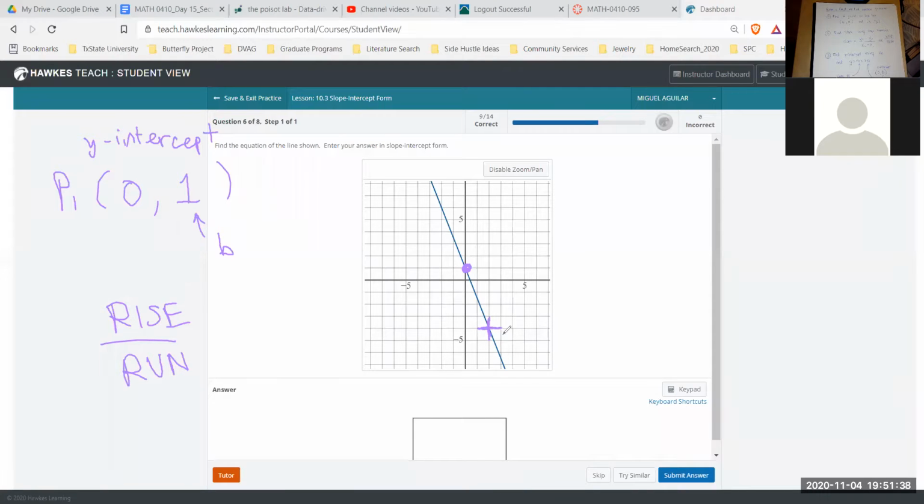I can put a little plus sign right through it. And so again, we're just paying attention to the blue line here. We just need 2 points that are on the graph. So I'm going to use this one, which is at 0, 1. And I'll use this point over here, which is going to be at 2, -4.